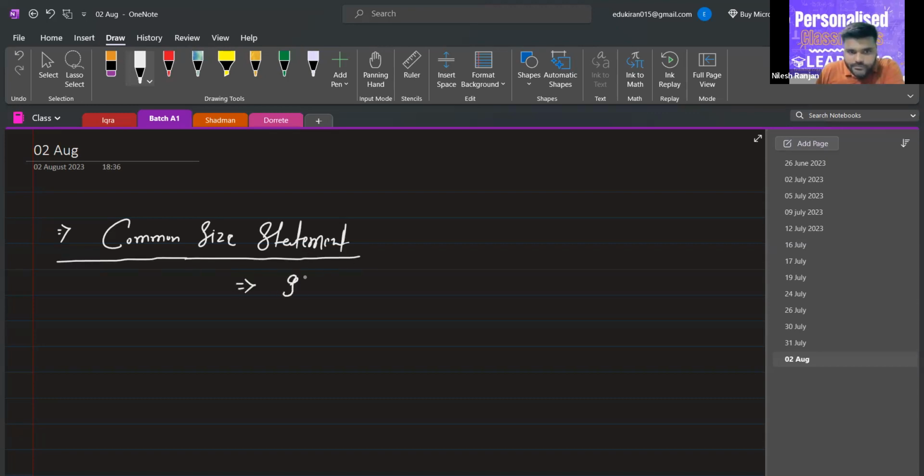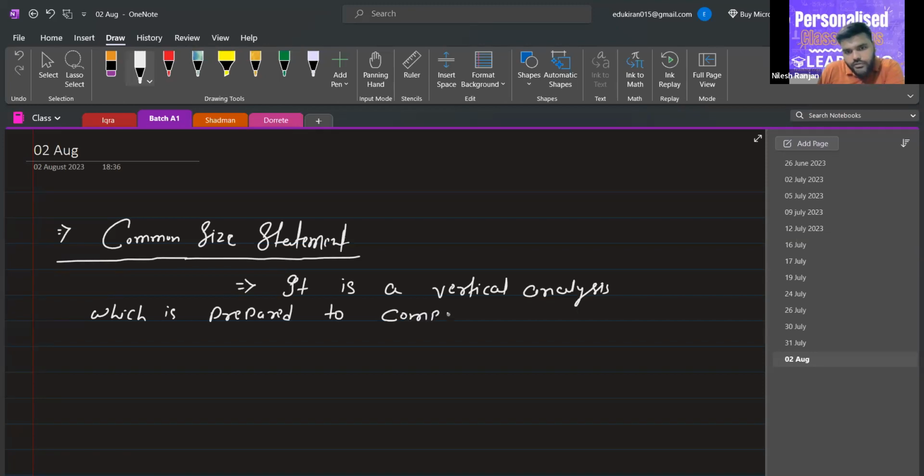It is a vertical analysis, which is prepared to compare each item with a common item in a year.